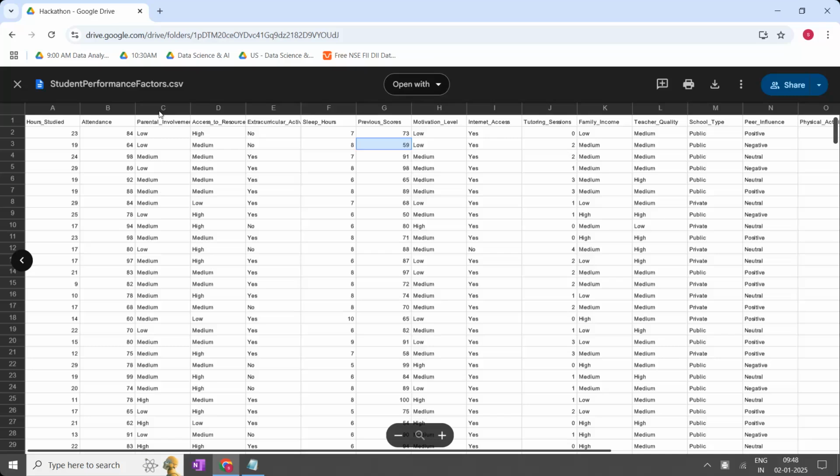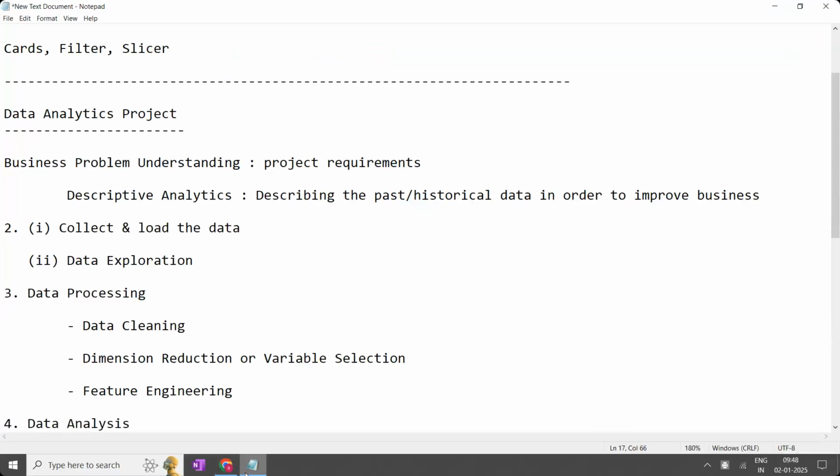For example, if I ask you to work on used cars and you research that, which stage of the data analytics project does it come under? Business problem understanding, because the end user is asking about used car price, and used cars are what we don't know.